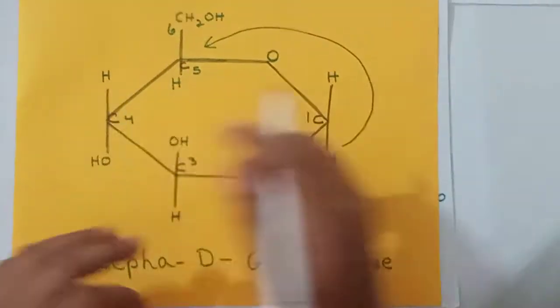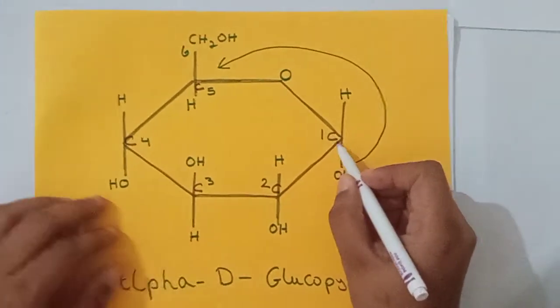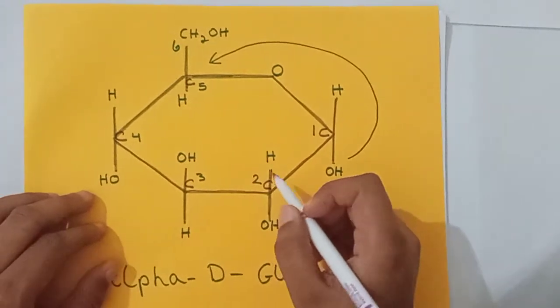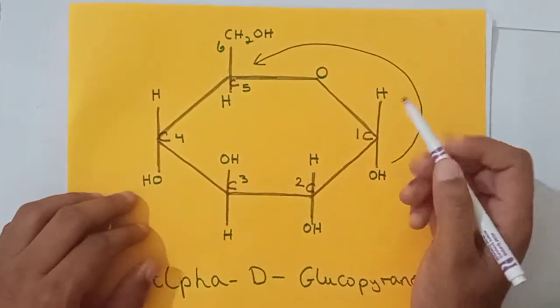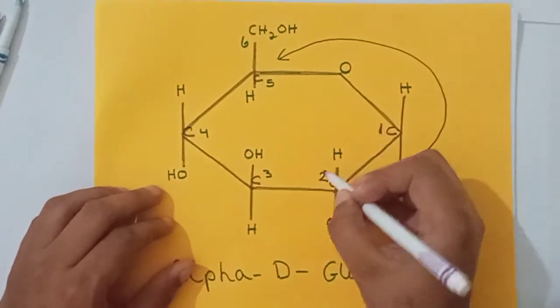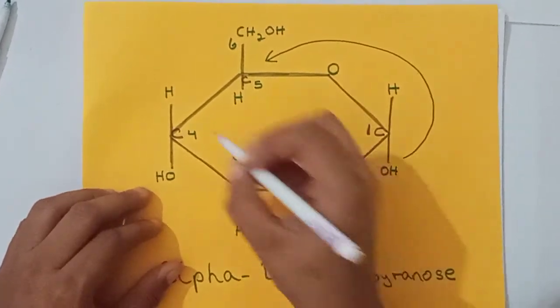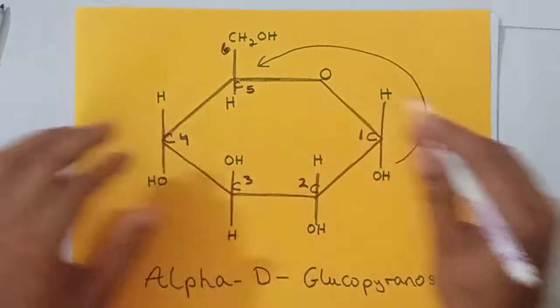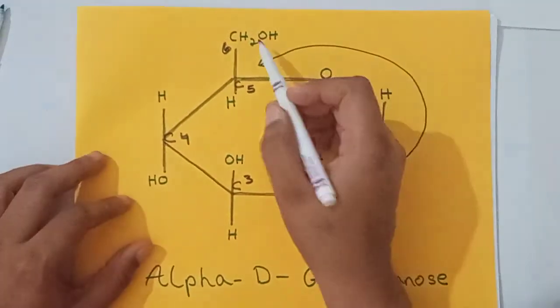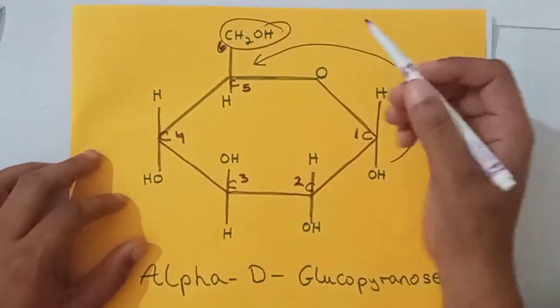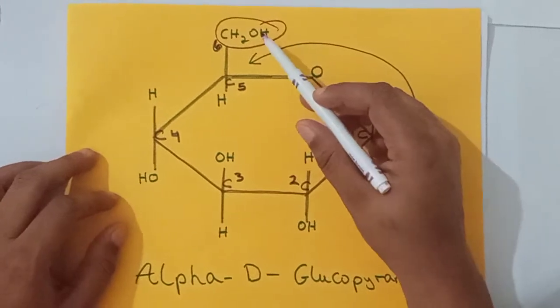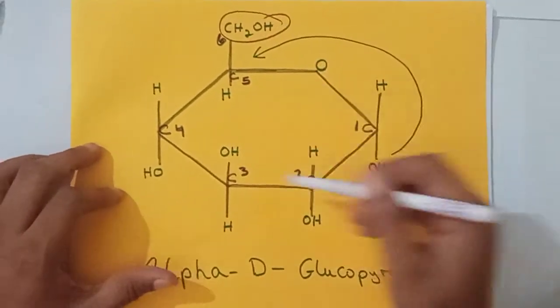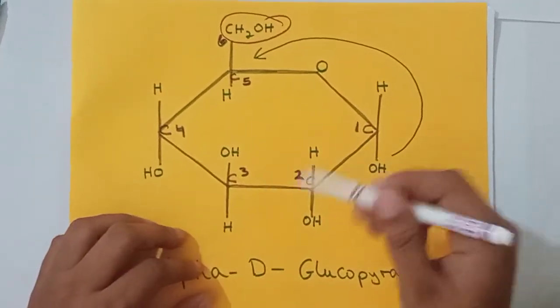So let's take a closer look here. The C represents a carbon atom, and we can label these carbon atoms of glucose with numbers 1, 2, 3, 4, 5, and 6 in their specific order. At the CH2OH group, the chiral carbon determines the D configuration of this glucose.